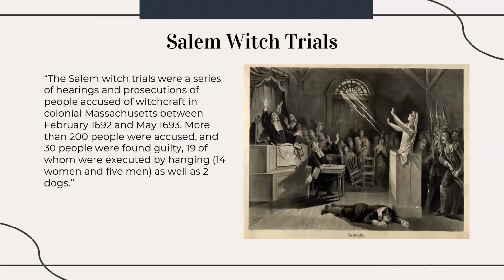Now I'd like to talk about the Salem witch trials. The Salem witch trials are known as the historical background of the story, so we'll briefly see what they were and how they affected Hawthorne's work. According to Wikipedia, the Salem witch trials were a series of hearings and prosecutions of people accused of witchcraft in colonial Massachusetts between February 1692 and May 1693.